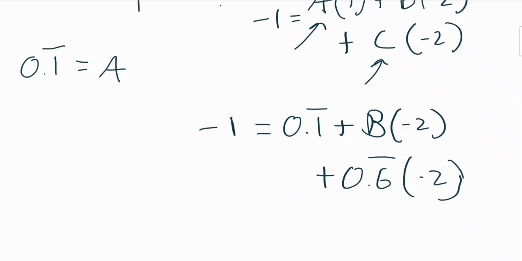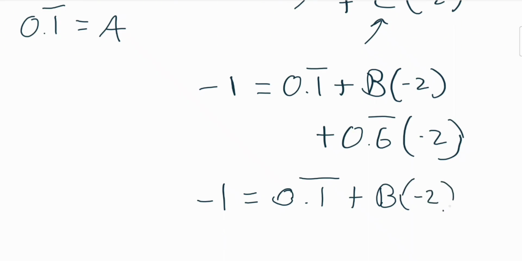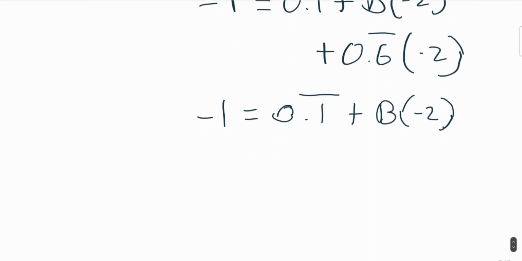Okay, this will equal approximately negative 1 equals 0.1 recurring plus B times negative 2 plus negative 1.3 recurring.